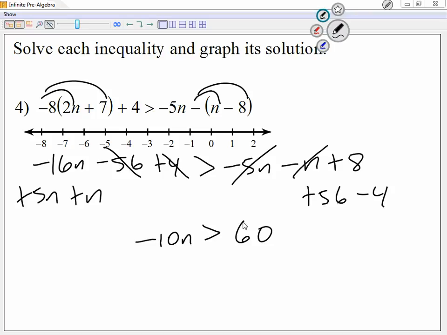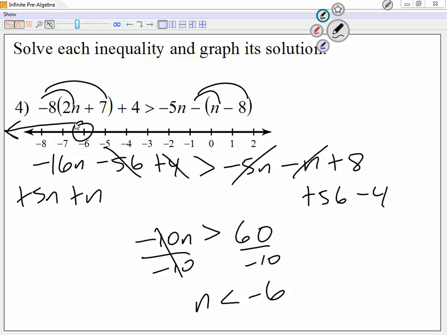And I simplify each side. Now divide by negative 10. N is less than negative 6. Don't forget I flipped the arrow because I divided by a negative. So there's my negative 6. It's an open circle. And I go towards the left.